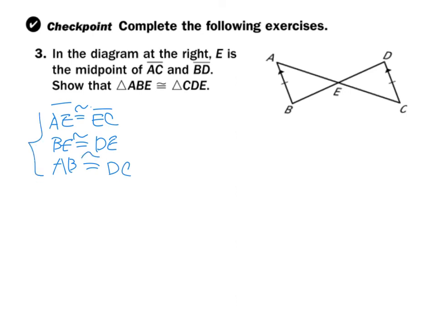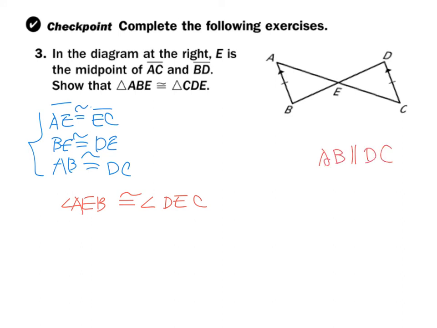And if we look for the angles, we know at least the vertical angles are congruent. So angle AEB and angle DEC are vertical angles, and therefore they're congruent. We don't have information about the other two angles. However, we are given, and I'm going to write it here, that AB is parallel to DC.